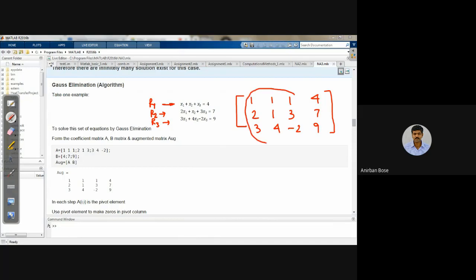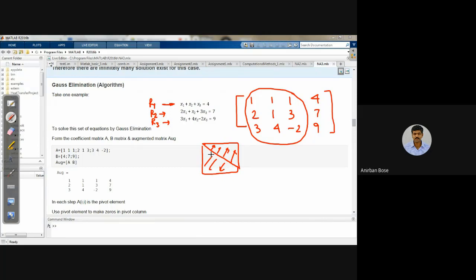What is the meaning of an upper triangular matrix? That means the matrix will take a form where only this part has some values, whereas everything else on the other side of the diagonal is 0. This is what is called upper triangular.